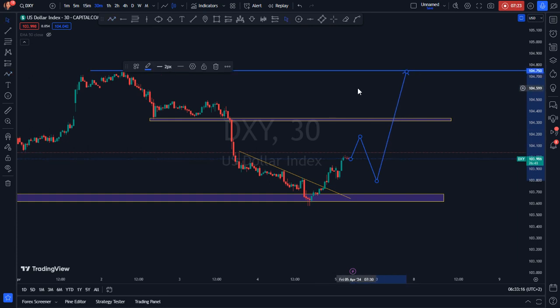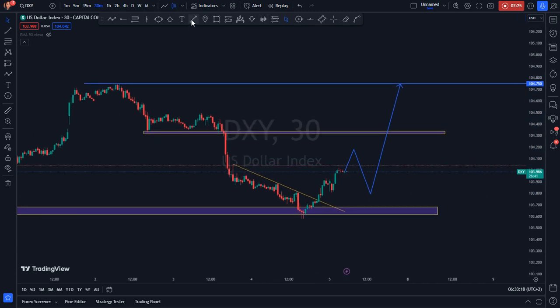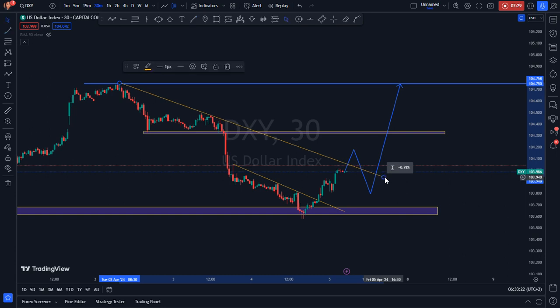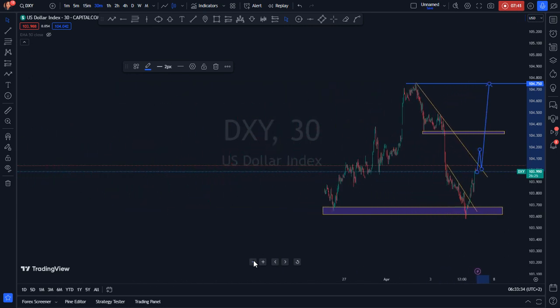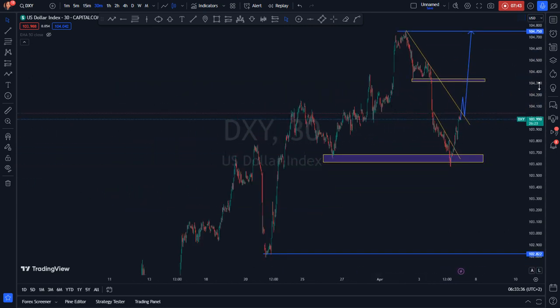But we can't really be 100% sure to say the market is still going to correct, because sometimes it can even break above this point, above this trend line, retest it here, just slightly, and then shoot all the way to its previous high. Because otherwise, the structure that we were dealing with, if you can remember, was an uptrend structure.